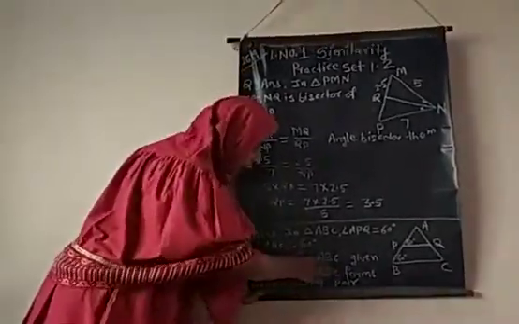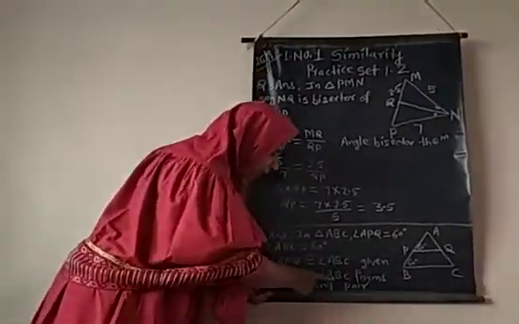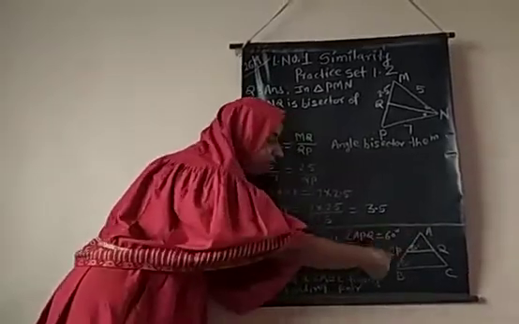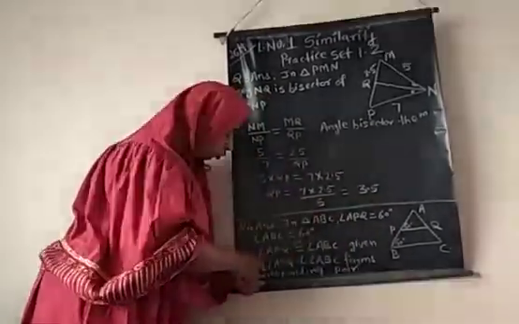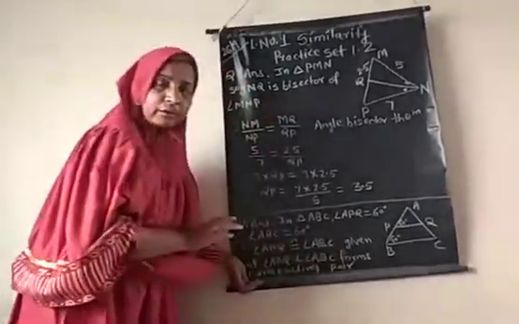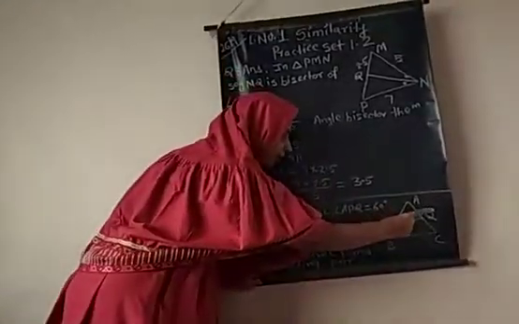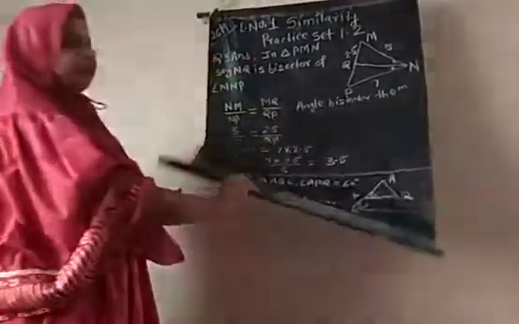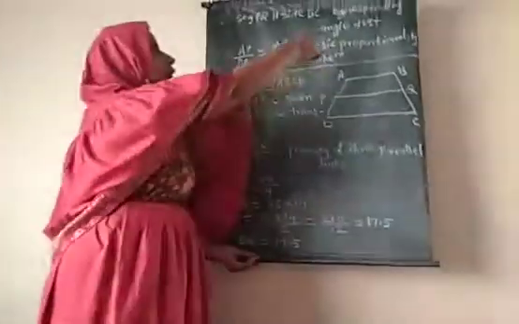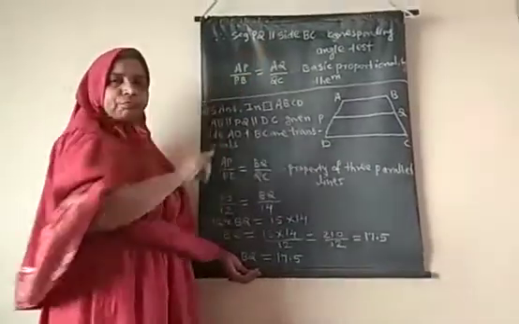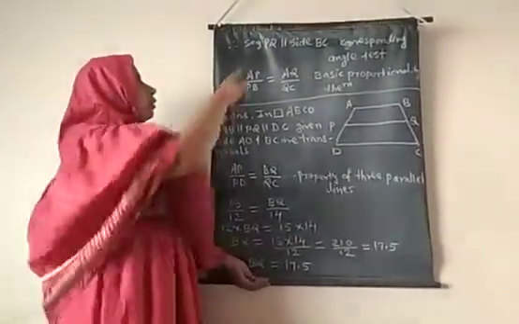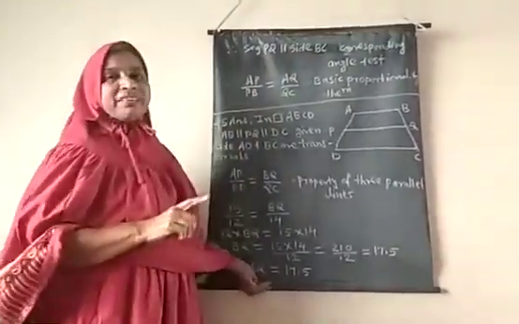Now, these two angles, angle APQ and angle ABC, are on one side of the given side AB. So, they form a corresponding pair. Therefore, segment PQ is parallel to BC by the corresponding angle test. We proved the sides are parallel, that is PQ is parallel to BC in the triangle.